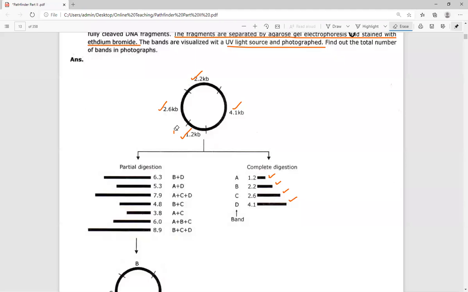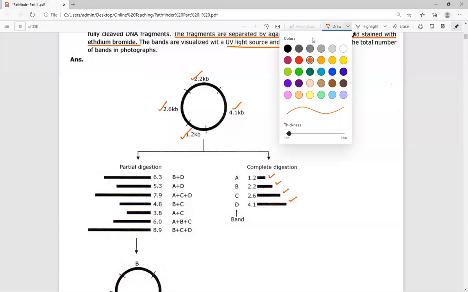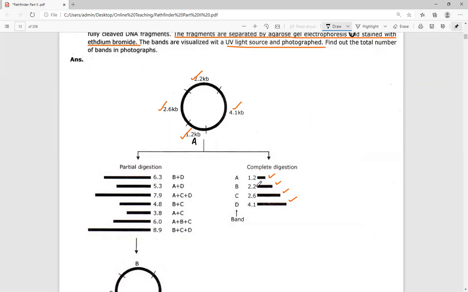Pranav sir has named all these DNA molecules in the following order. The smallest being 1.2, this is A. The second being 2.2, that is B. The third being 2.6, that is C. And the fourth being 4.1, that is D.